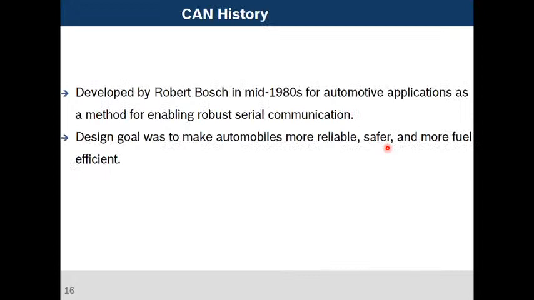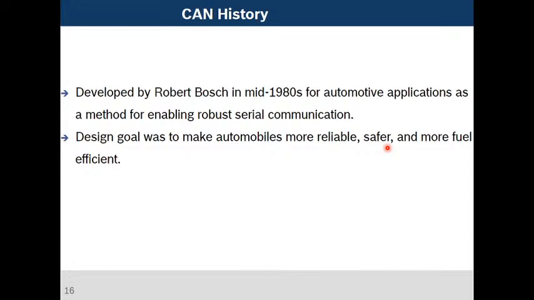Let's first go through CAN history. CAN was developed by Robert Bosch in the mid-1980s. It was a revolution for automotive applications. If you look at the previous serial bus communications like SPI and I2C, there is a lot of complexity because you cannot use the multi-master concept.